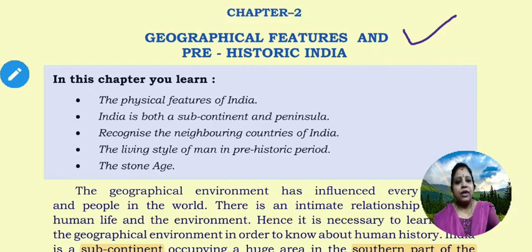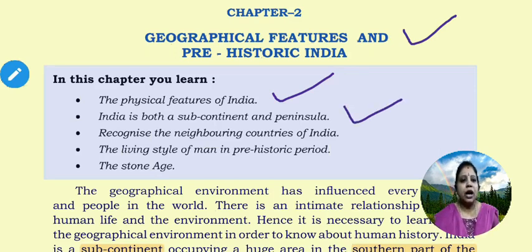In the first class, we discussed the physical features of India, that India is both a subcontinent and a peninsula, and the important neighboring countries of India. So let us continue with the other important features of India.